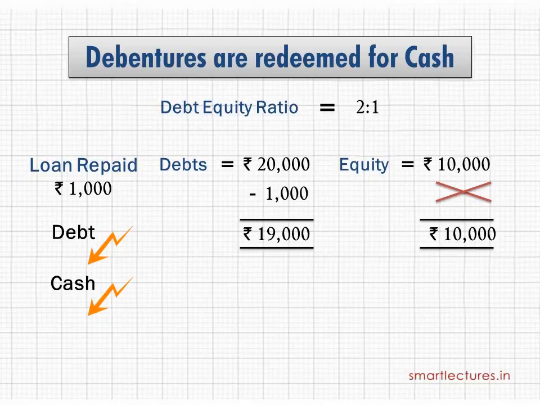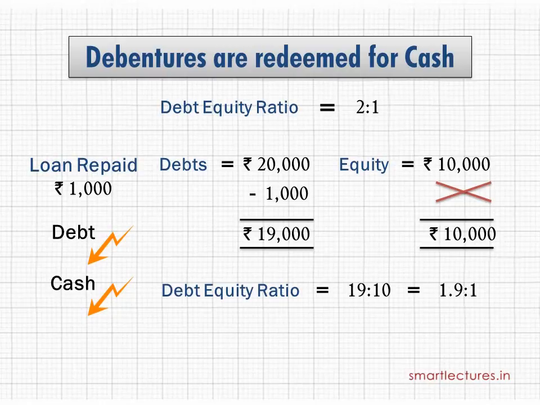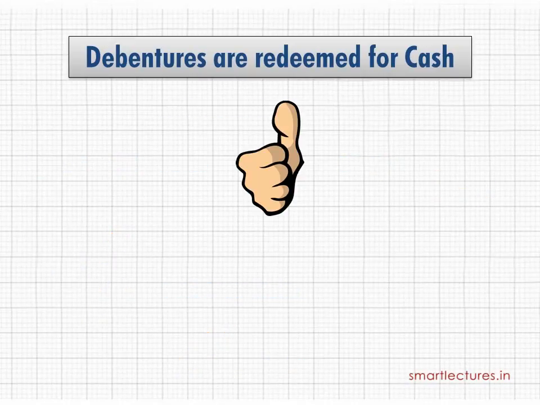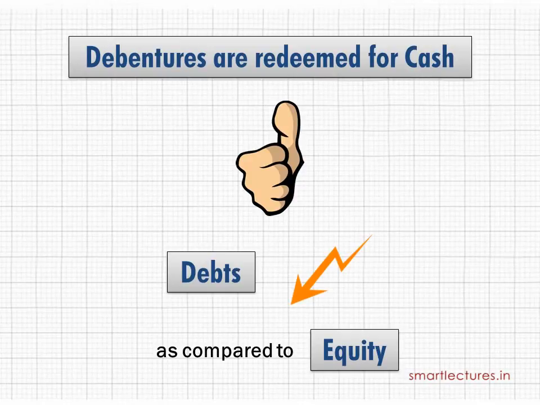Equity will remain as it is, 10,000. So the new ratio will be 19,000:10,000, or I can say 19:10, or 1.9:1. This transaction will decrease the debt equity ratio. It's a good thing for the company. It means debts will be decreased as compared to equity.